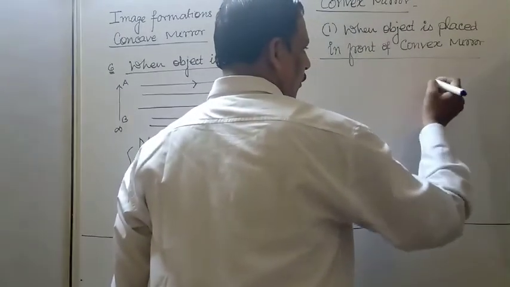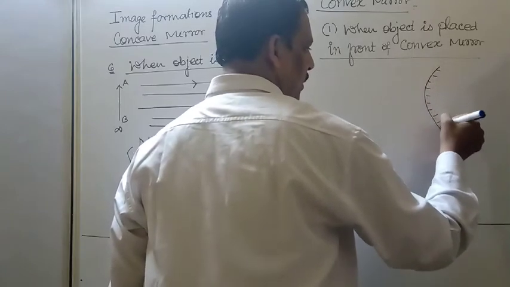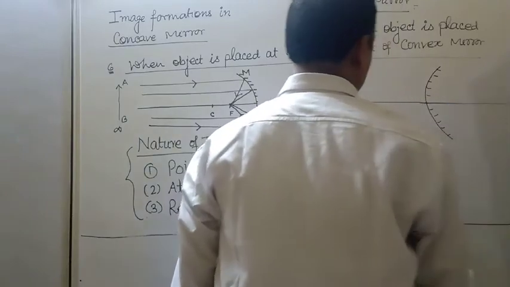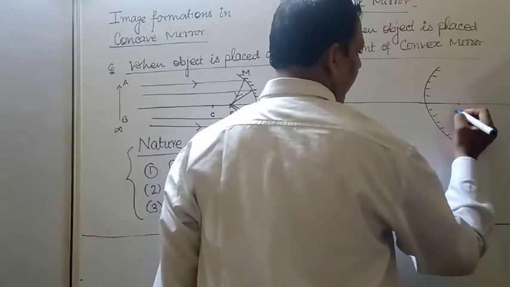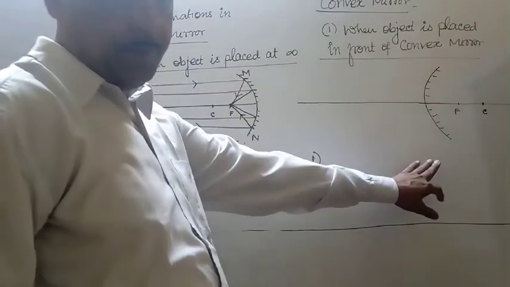What we will do? We can see here. This is our mirror. This is pole. Now this is the principal axis. We can show here, this is focus inside, and this is center of curvature inside the mirror.